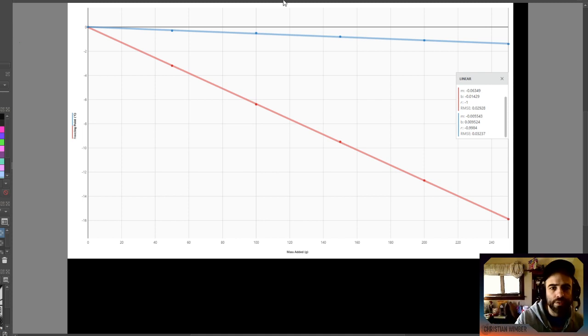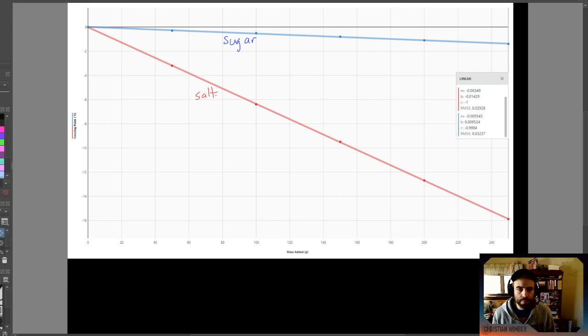So first off, let's just make sure we know what we're talking about here. The blue here is the sugar. Sorry, guys. And the red guy over here is the salt. So we have sugar and we have salt.